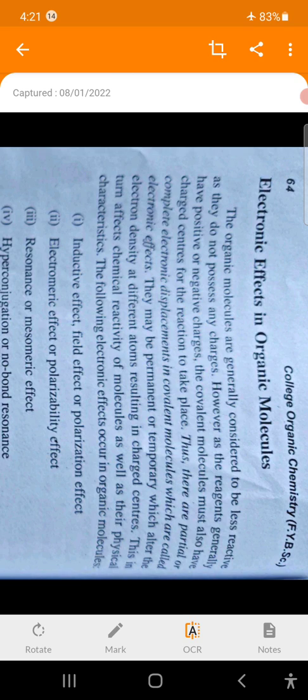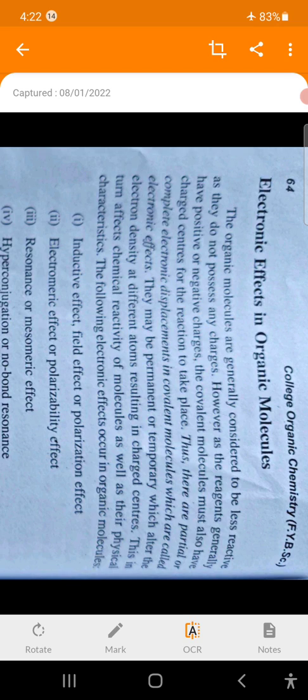That is, in the same molecule some centers are electron rich, that is carry high electron density, that is negative charge, and some centers, that is some atoms, are electron deficient, that is positive charge, with less electron density.